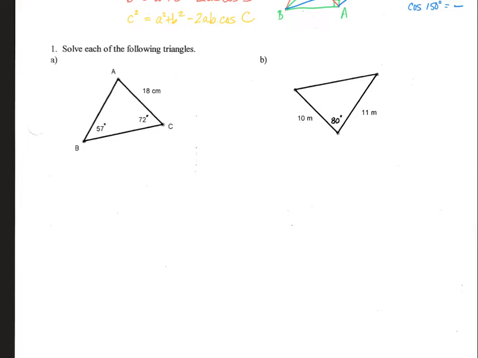Well, first off, we need to recognize we need to find angle A, we need to find side A, and we need to find side C to solve. I would hope that everyone would find angle A first, that being 180 minus the sum of the other two. And just like when we're going through and solving, you don't have to show us all that work.